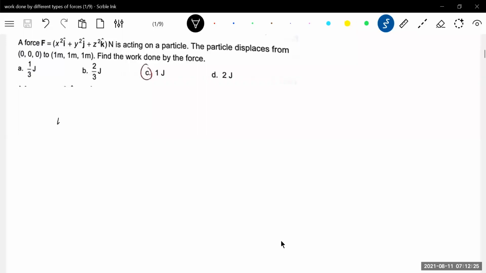So therefore this will become work done equal to F bar dot dr bar. We have to displace it from (0, 0, 0) to (1, 1, 1). Let's substitute.